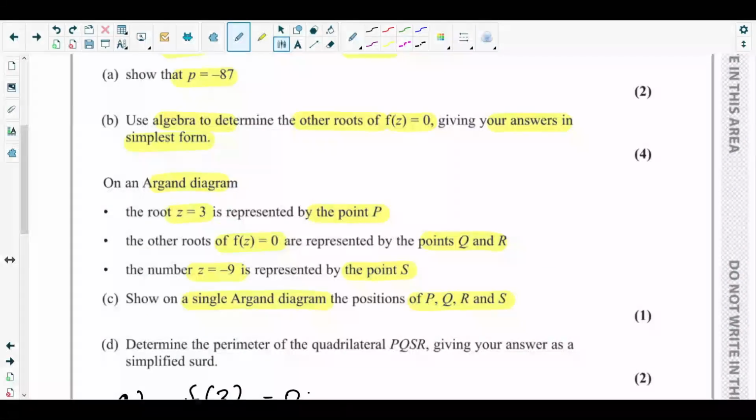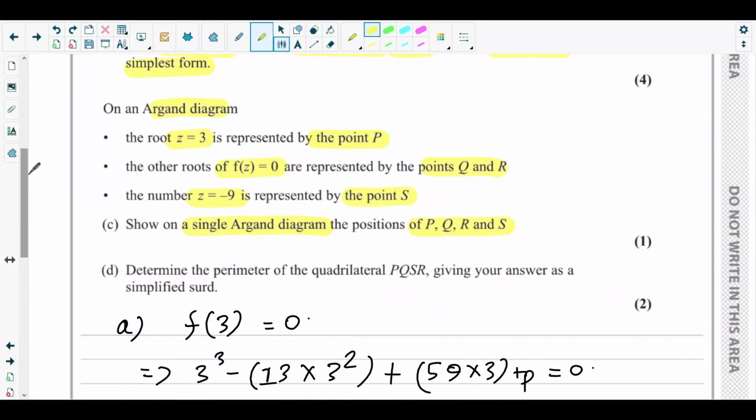Fine. Okay, next is part D. In part D, the question is asking to determine the perimeter of the quadrilateral PQSR, giving your answer as a simplified surd. So we need to find the perimeter of the quadrilateral that has been formed in the Argand diagram.